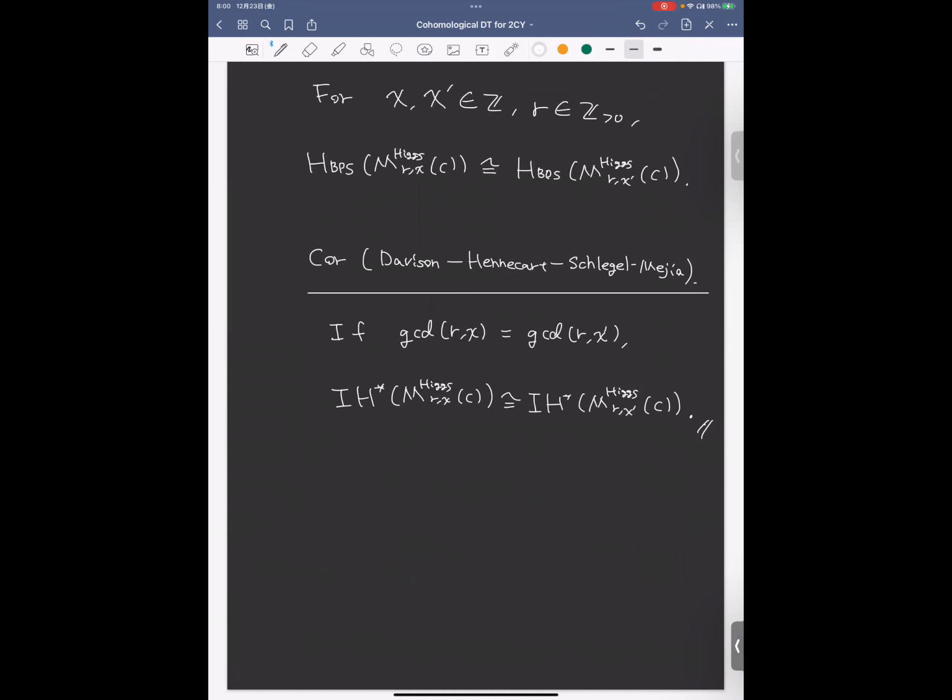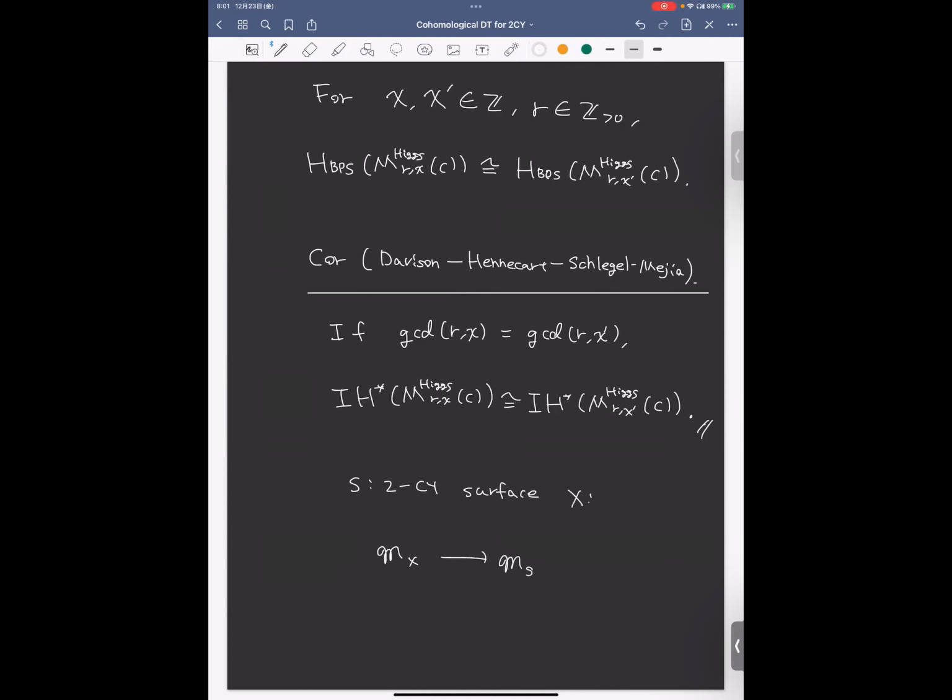Let S be a 2-Calabi-Yau surface, and we consider the following diagram: M_S, M_X.